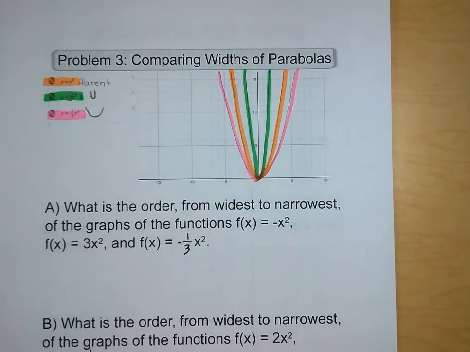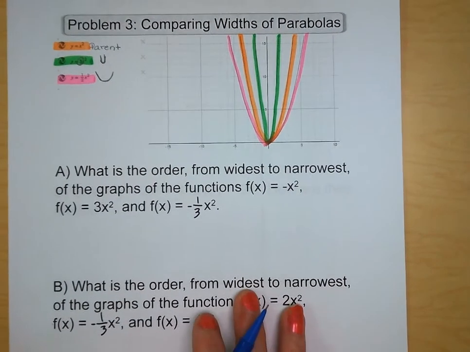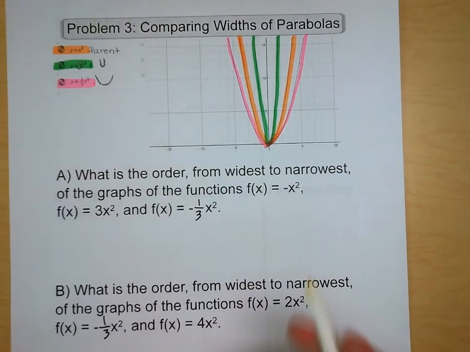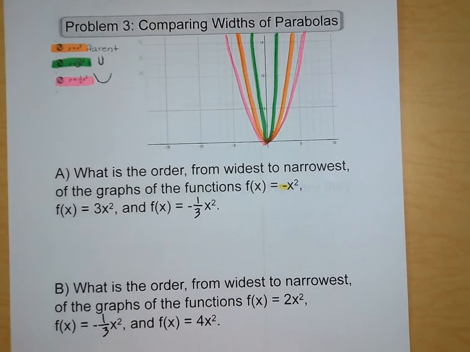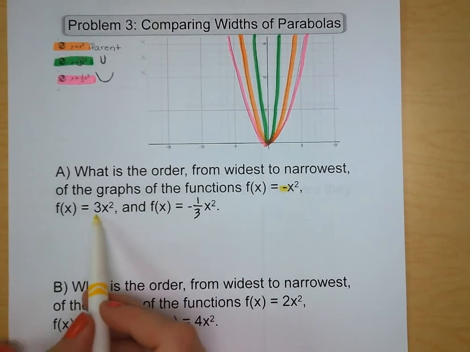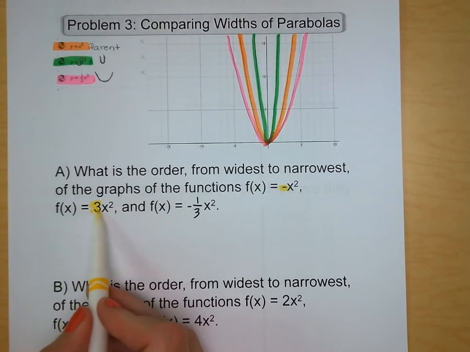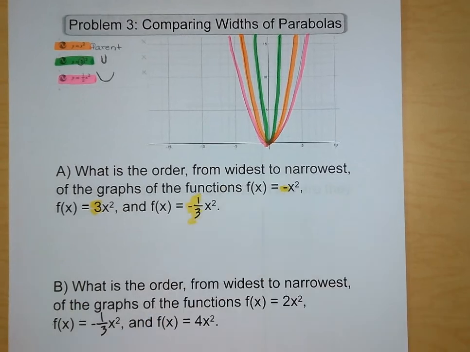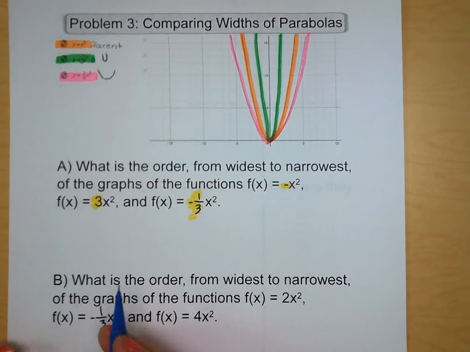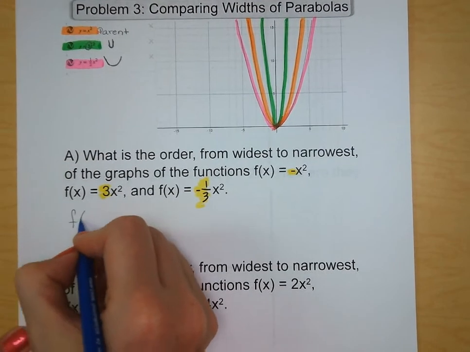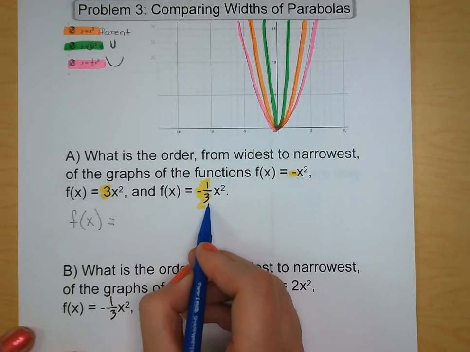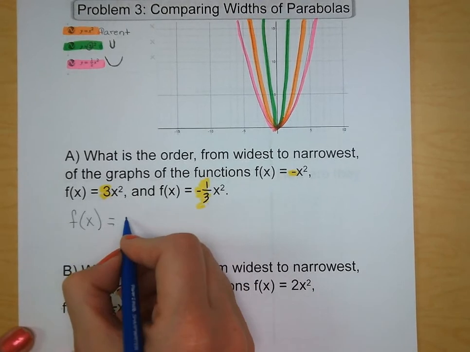So now we're going to put these in order from the widest to the narrowest. We've got f of x equals negative x squared. We've got f of x equals 3x squared. And f of x equals negative 1/3 x squared. So we said our widest is going to be the one that has the smallest magnitude. So we're going to start off with the negative 1/3 x squared.